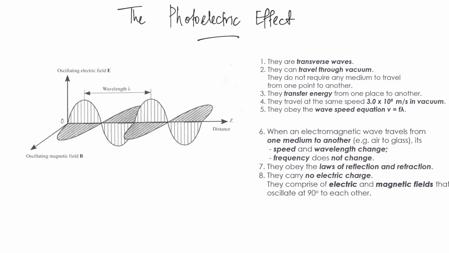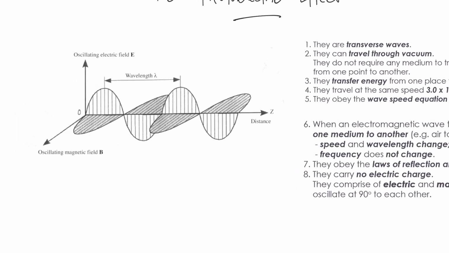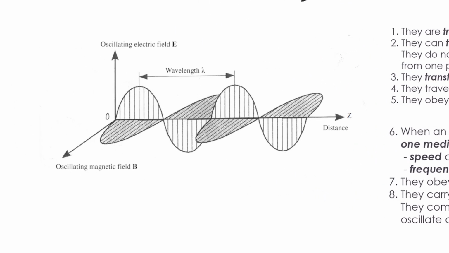So the first thing we need to look at is we need to understand what is light. In some ways you've looked at light when you looked at the electromagnetic spectrum. And what we're going to do is, if I had to look at light, this is what light actually looks like.